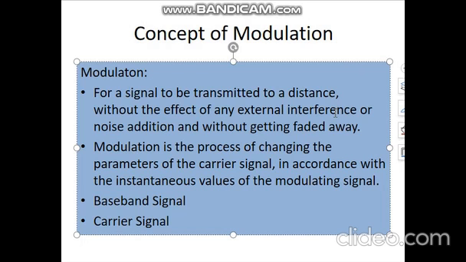Here the carrier signal is modulated by the information signal. Usually this carrier signal is of very high frequency compared to the baseband signal. So modulation overall is a process where a few parameters of the carrier signal, like amplitude, frequency, or phase, are changed with respect to the instantaneous value of the baseband signal or the modulating signal.